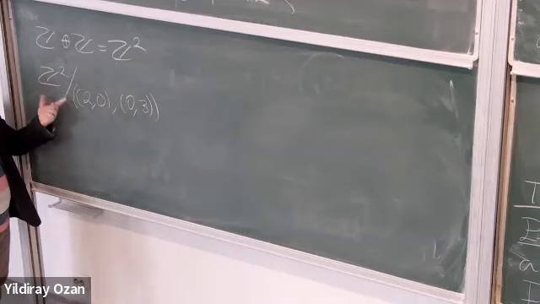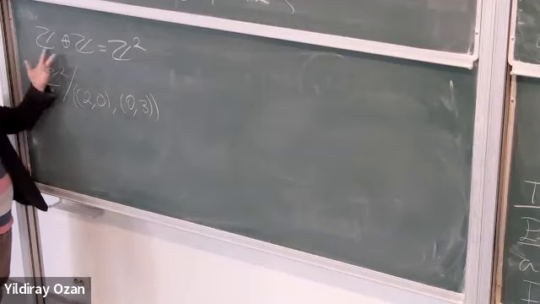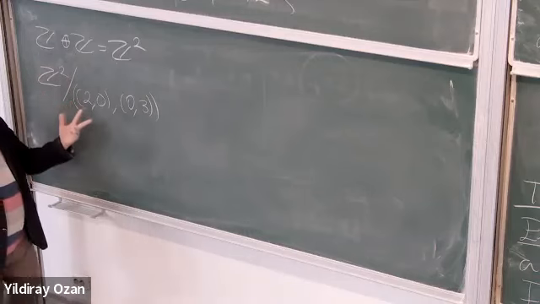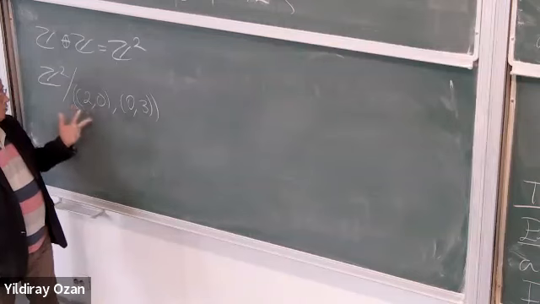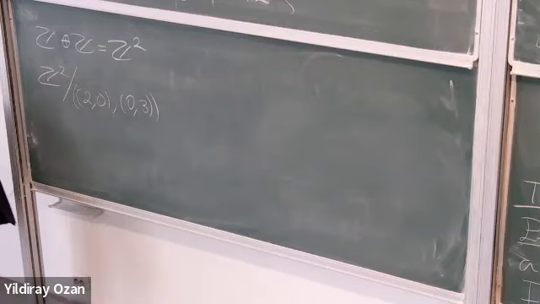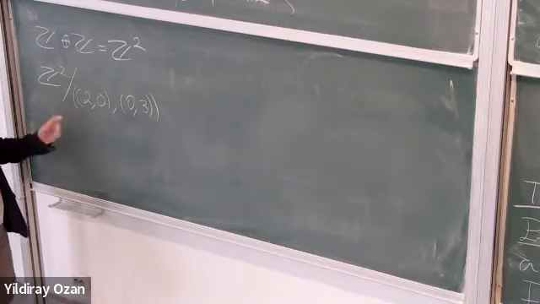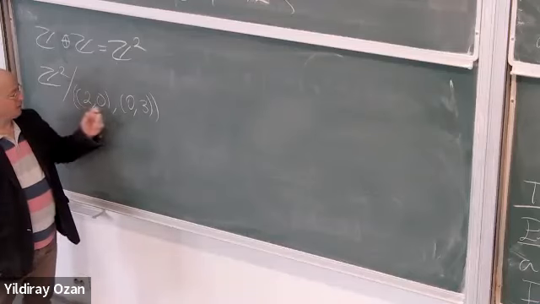Now what does this mean? I have Z plus Z and I divide it by the subring, or submodule I should say, generated by this element.